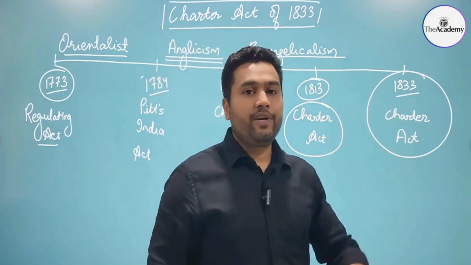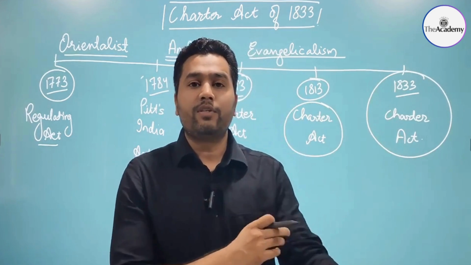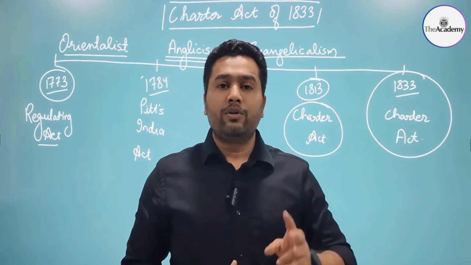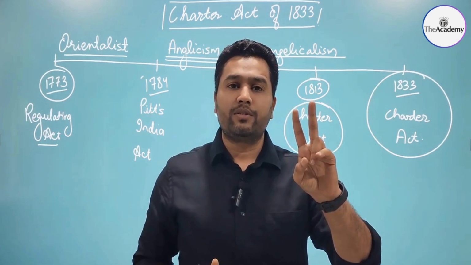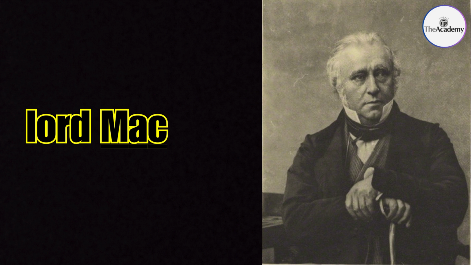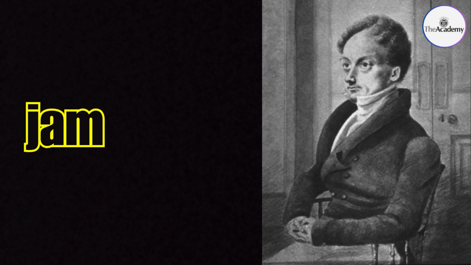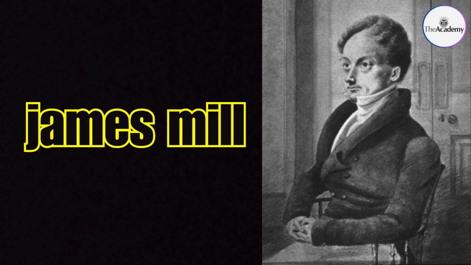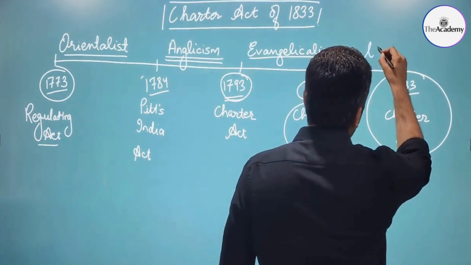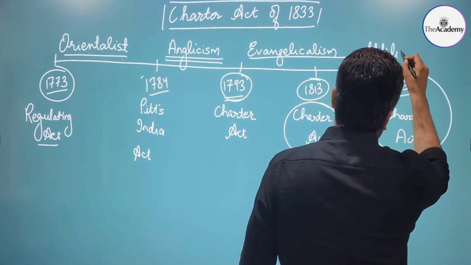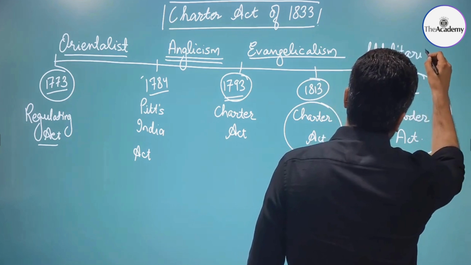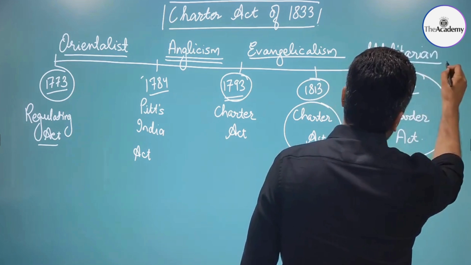This Charter Act of 1833 was the product of two important individuals. One was Lord Macaulay, other was James Mill. Both were utilitarians. So we need to understand the utilitarian ideology before we proceed ahead with Charter Act of 1833.